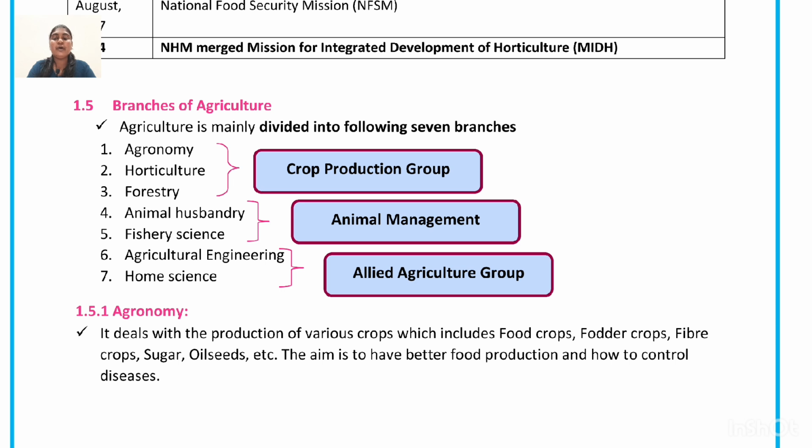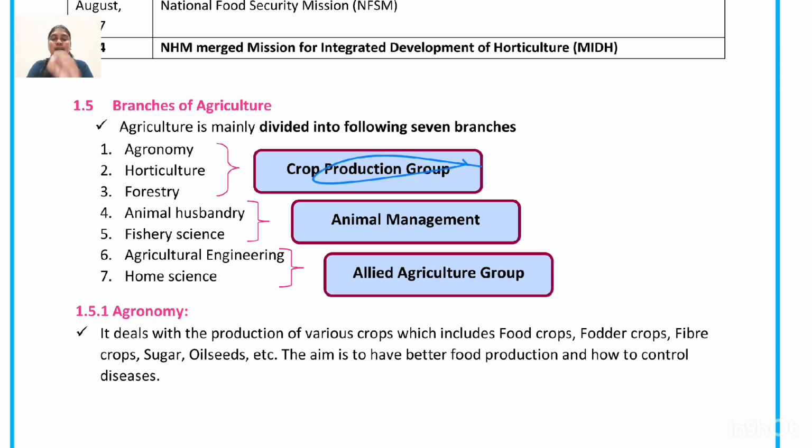Now I hope you have got clarity on these seven branches of agriculture, and what is studied under each branch. These branches can be further grouped into three main groups. The first is the crop production group.